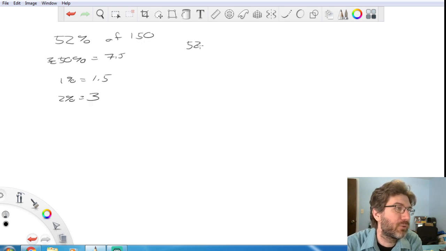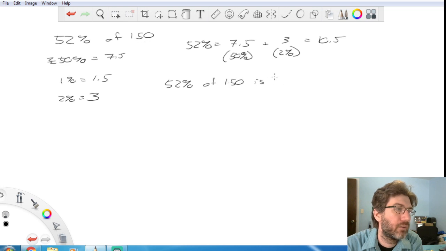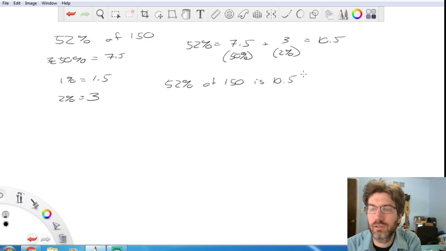So 52% is equal to 7.5, which is the 50%, plus 3, which is the 2%, right? 50 plus 2 is 52. 7.5 plus 3 is 10.5. So 52% of 150 is 10.5.